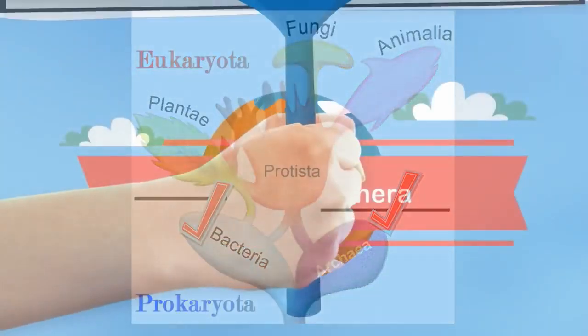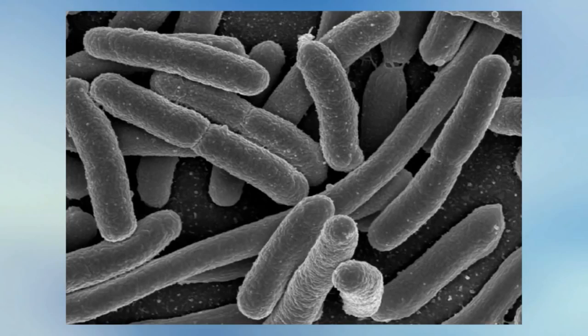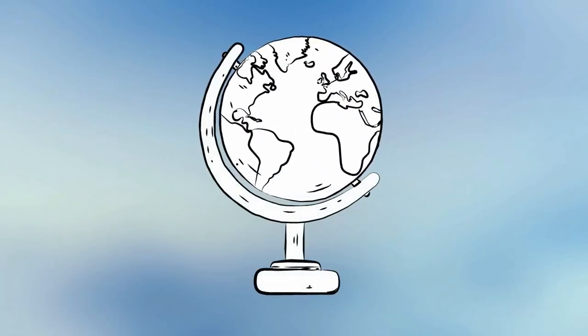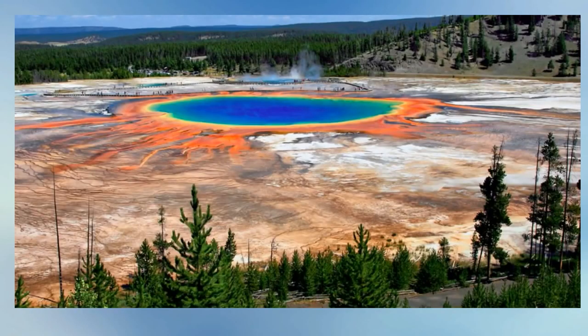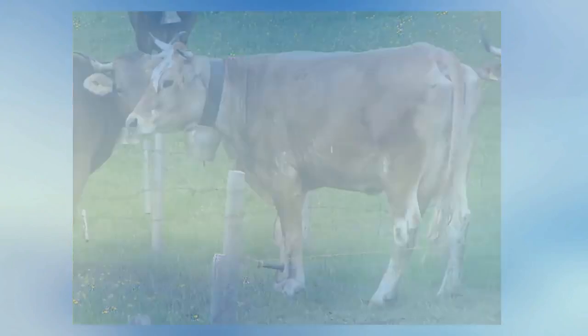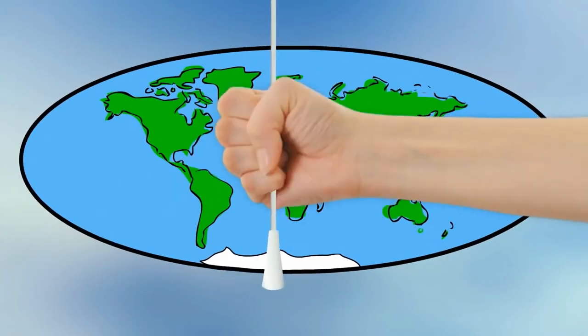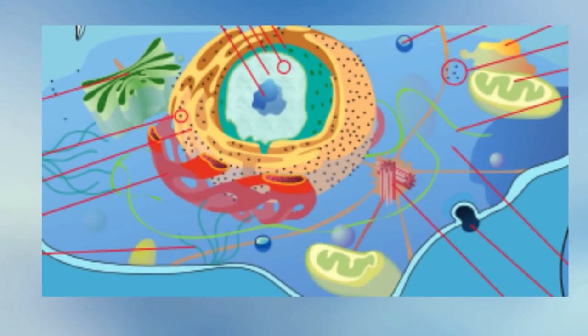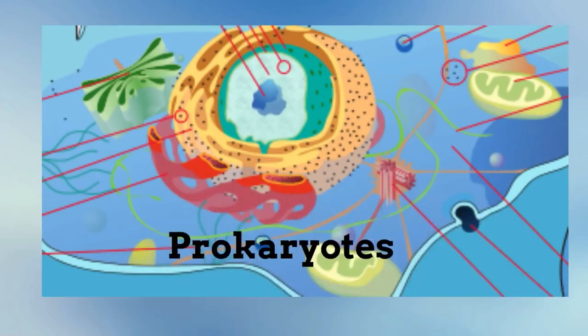The kingdom Monera consists entirely of single-cell organisms. Members of this kingdom are found almost everywhere on Earth. They are found in hot springs, cow stomachs, and almost every surface on Earth. All members of this kingdom do not have a nucleus or membrane-bound organelles. Therefore, they are classified as prokaryotes.